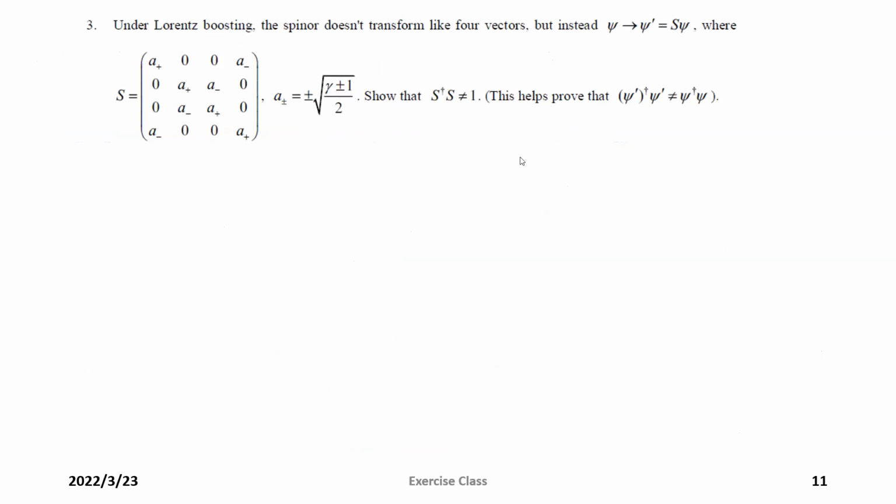So for the last question, we know that under Lorentz boosting, the spinors don't transform like 4-vectors, but instead they transform in this strange way, where S is a matrix like this. And we want to show that S dagger S is not equal to 1. This result is used when we want to prove that psi dagger psi is not Lorentz invariant.